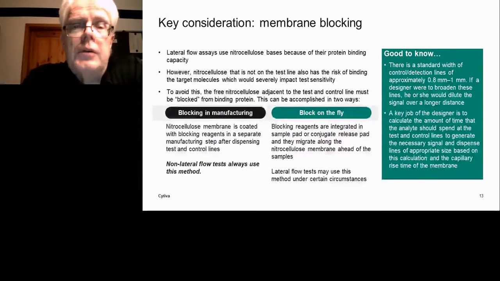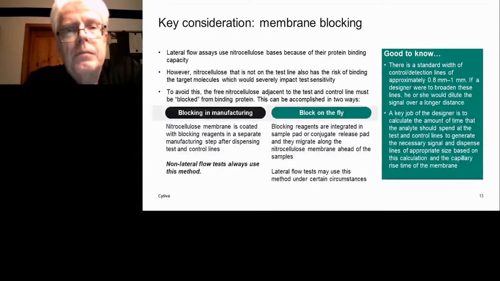The nitrocellulose matrix of the membrane binds proteins, and you like that. You want this membrane to bind proteins as long as you dispense your test and control lines. As soon as these binders have been bound by the membrane, you are left with an awful lot of membrane area that's still open and has not bound anything yet.